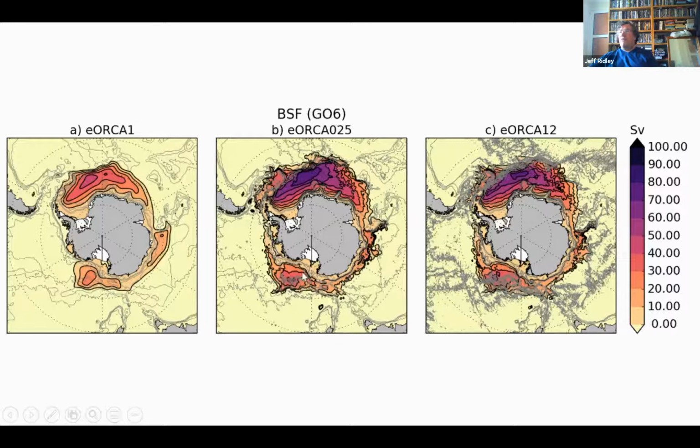The Ross Sea gyre has this extension towards the peninsula in the others, whereas that doesn't happen in reality, and in fact the ORCA1, the low resolution, looks about right for the Ross Sea gyre, perhaps not quite strong enough, but the shape looks good.